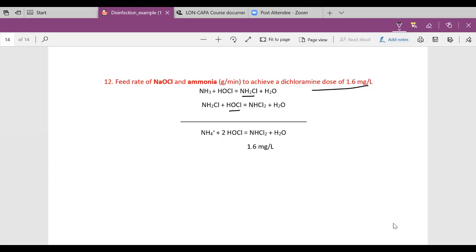If we add additional hypochlorous acid or sodium hypochlorite, we form the dichloramine. So this is mono, and this is the di.